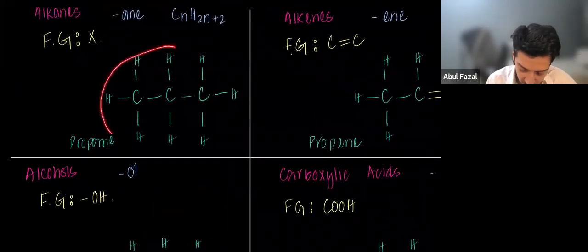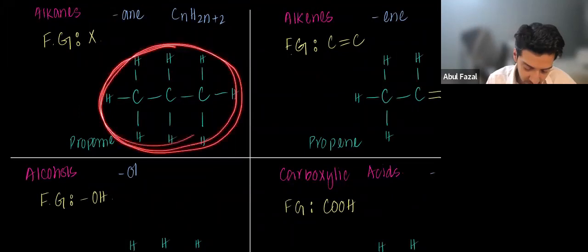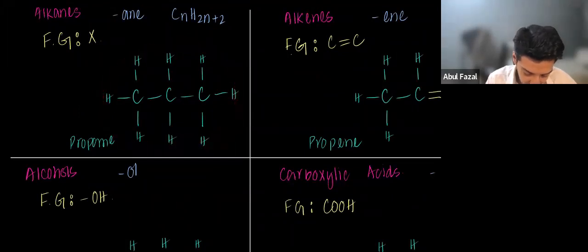इसका क्या general formula होगा? Sorry, not general, molecular formula क्या होगा? Let's see if I can figure it out using this formula. This has 3 carbons, so n over here is 3. So it's C3. H कितना होना चाहिए? Well, I put 3 as n and calculated.